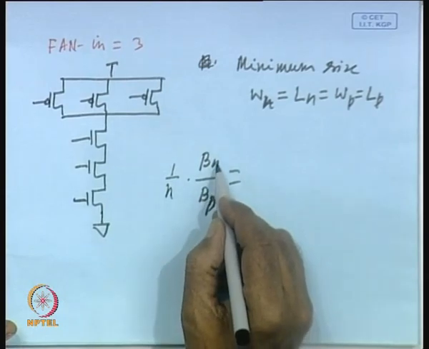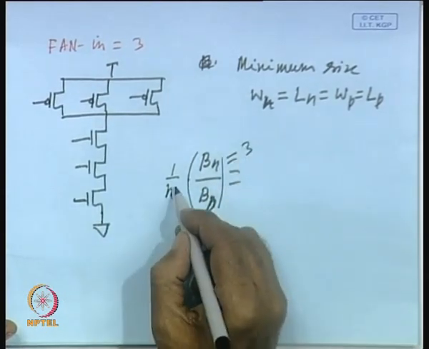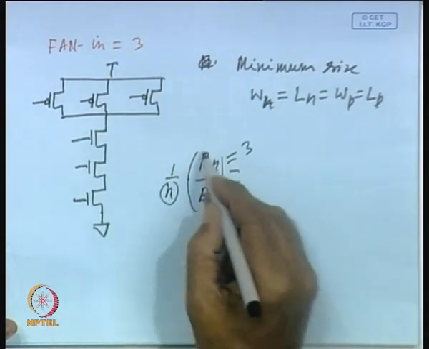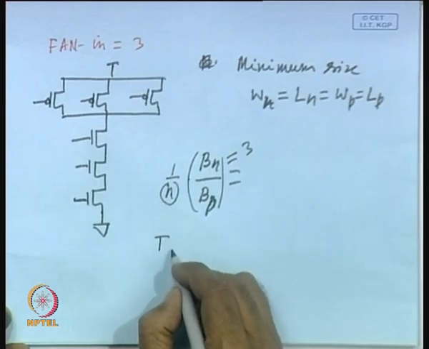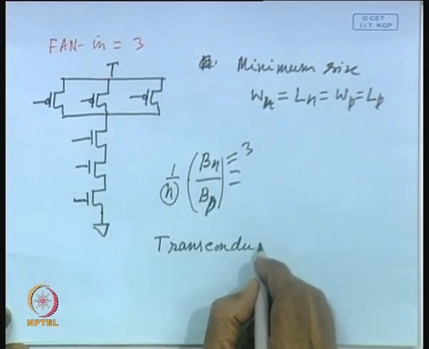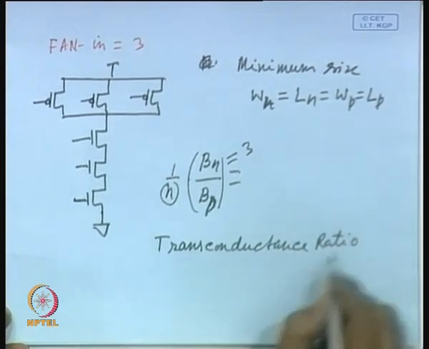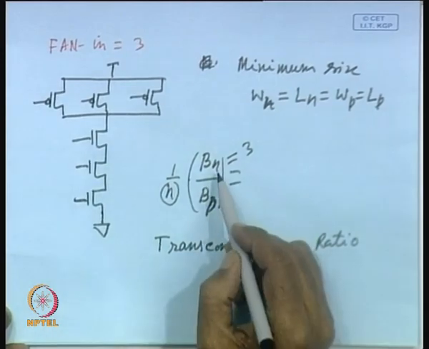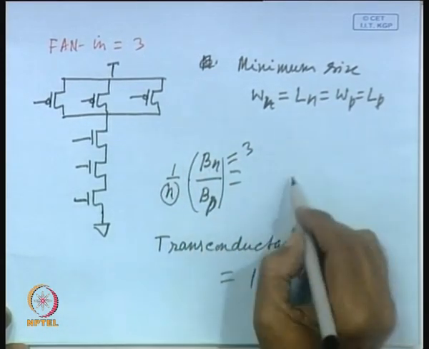Now, we know that beta n by beta p is also 3, and in this case n is also 3. That means this transconductance ratio is equal to 1, because beta n by beta p is equal to 3 and n is also 3. So, this makes it 1.